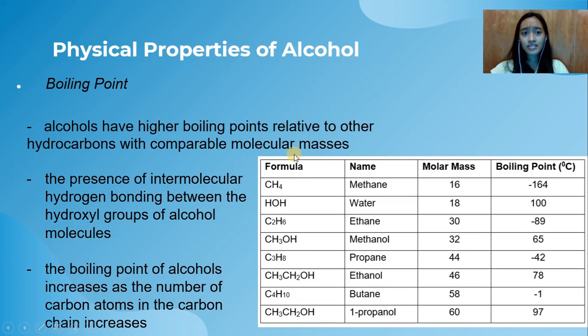Okay. Next physical property of alcohol, we have the boiling point. Unsa man ang boiling point? That is when it starts to evaporate also. Kung sa tubig pa, mabukal ang tubig at a steady temperature. So, alcohols have the higher boiling points relatively to other hydrocarbons.